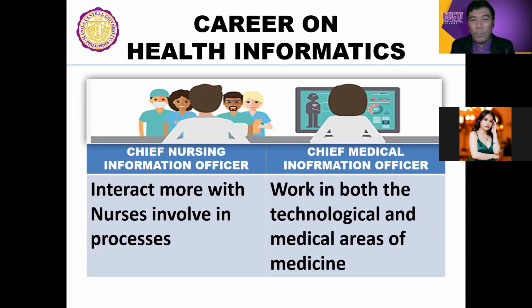For chief medical information officer, the difference is that the chief nursing information officer greatly involved nurses in the process. But the chief medical information officer, his or her responsibility covers nurses and other profession. So that's the difference. That's like what I have mentioned about the difference between nursing informatics and clinical informatics.